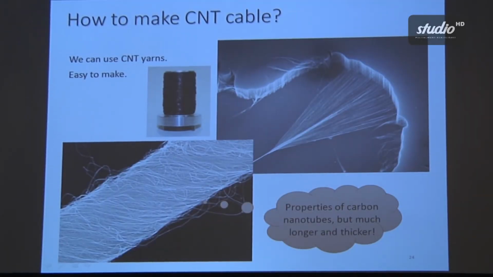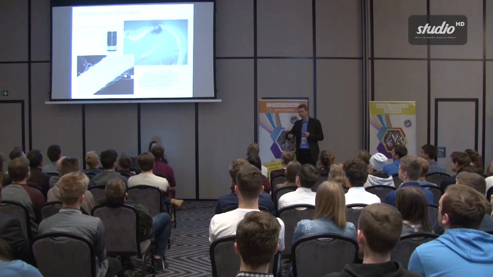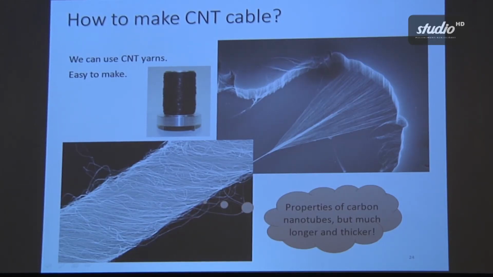So how do we make it? This is called carbon nanotube yarns. In the same way as we use wool to make strings and then sew clothes, we can use carbon nanotubes to make ropes or strings. Of course, the diameter depends on the strength of the carbon nanotubes we use, their height, and the number of such wires later on, and so on.